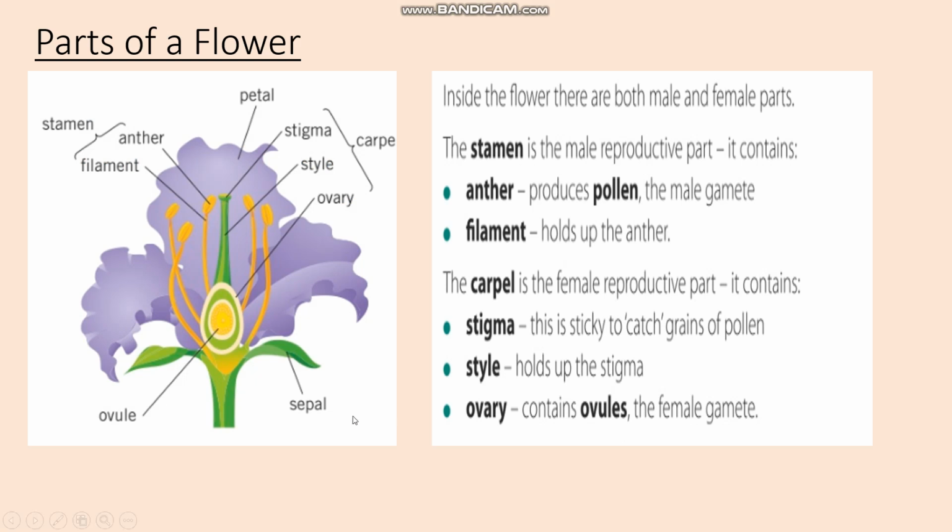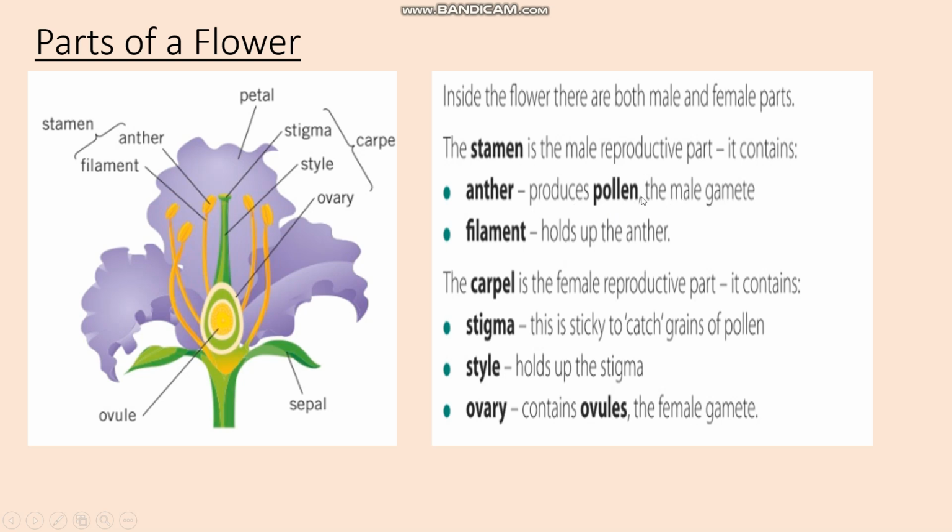The male part is referred to as the stamen, and if you think about the end of that word, men, and men are males, this represents the male part of the flower. It consists of an anther, top here, which is supported by a filament. Now it's the anther that produces the male gametes or pollen.